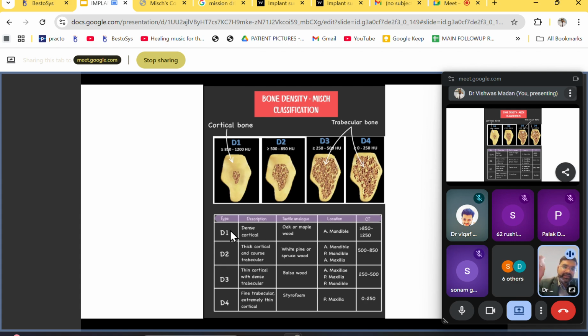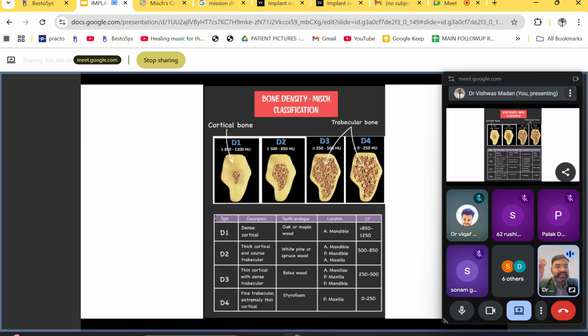Okay, so a D1 kind of bone will have a very high Hounsfield unit because it has high mineral content, and D4 will have a lower one. Now, every time we cannot say that D1 is better than D2 or D2 is lesser than D1. We cannot always say that. There are scenarios where we don't want D4, obviously. We want the patients to lie between D2 to D1, which is a really good bone.